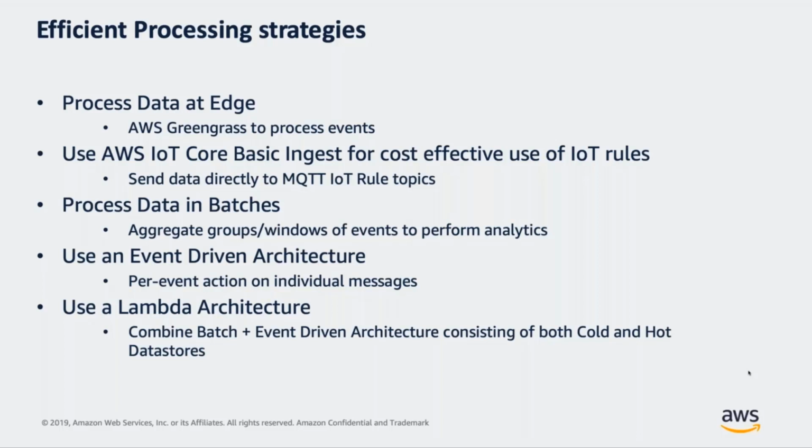And you would generally have a cold data store as well as a hot data store. Rohit is going to talk in detail about some of these later on in our webinar. But this Lambda architecture is increasingly becoming very popular for efficiently processing data that is generated by IoT devices.